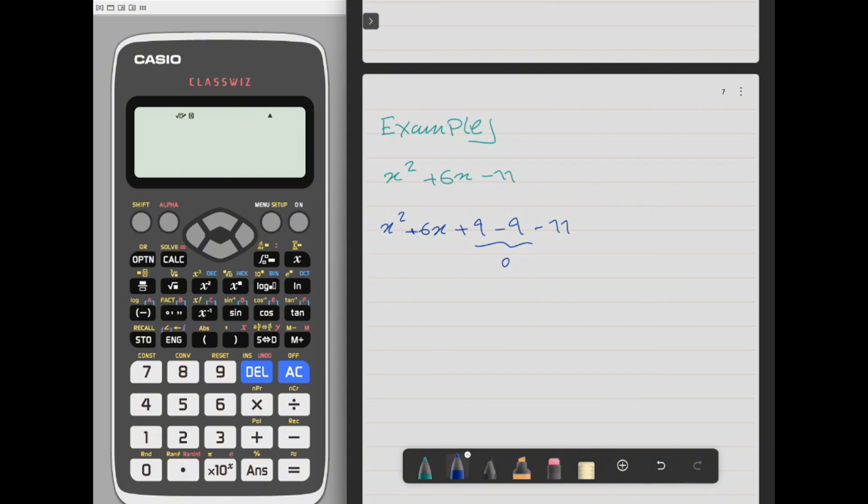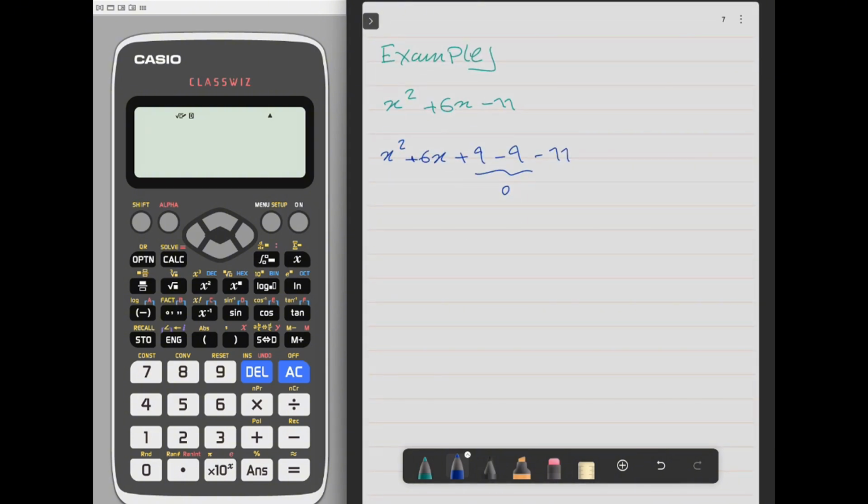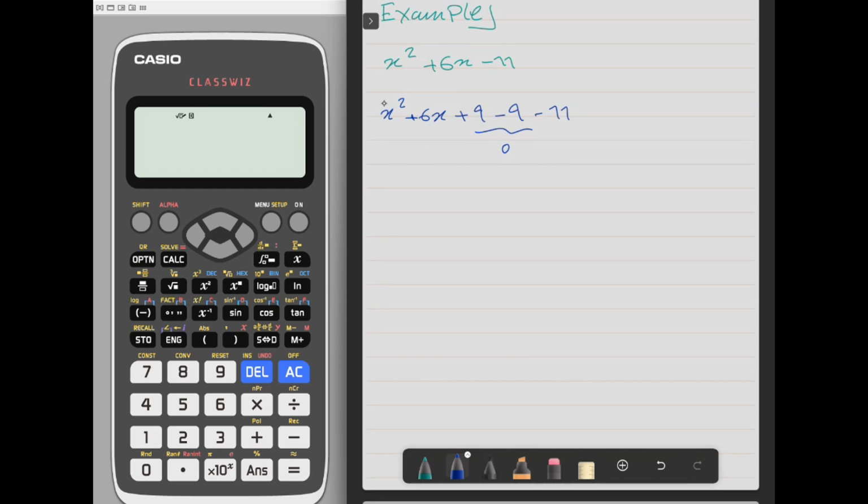This is 0, so it doesn't affect the total thing that we are dealing with. So I can complete the square of these first three terms, and it will become (x plus 3) squared minus 9 minus 11. Or by simplifying, it will become (x plus 3) squared minus 20.